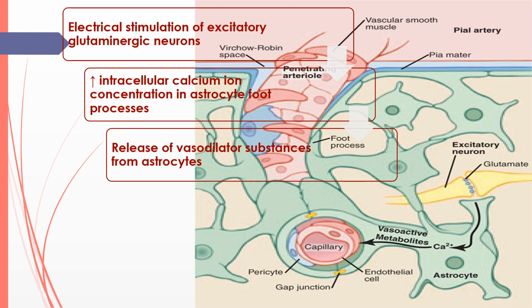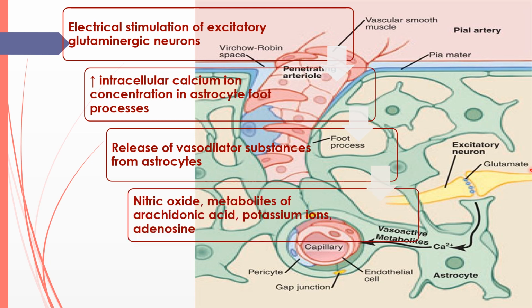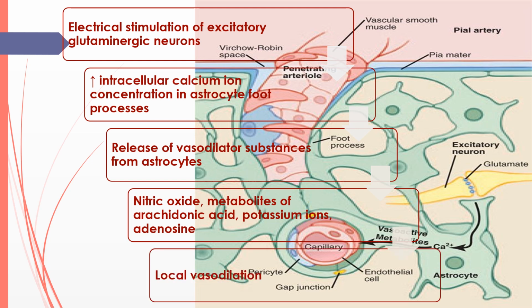So there happens a release of vasodilator substances from the astrocytes, and then the nitric oxide, metabolites of arachidonic acid, potassium ions, and adenosine. All these metabolites cause a local vasodilatation.